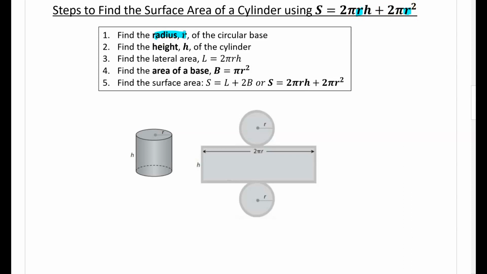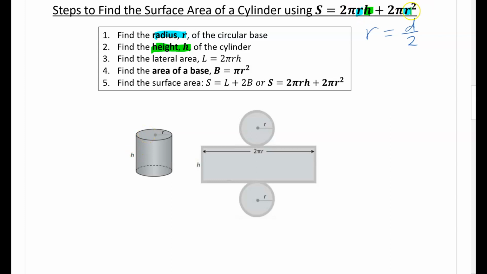Sometimes it'll be given to you, sometimes you'll have the diameter, but we can figure out that the radius is half the diameter. And then the height, remember, is going to be the distance between the two circles, okay? In this case, it's circles because we have cylinders, but height is usually the distance between your two bases, okay?